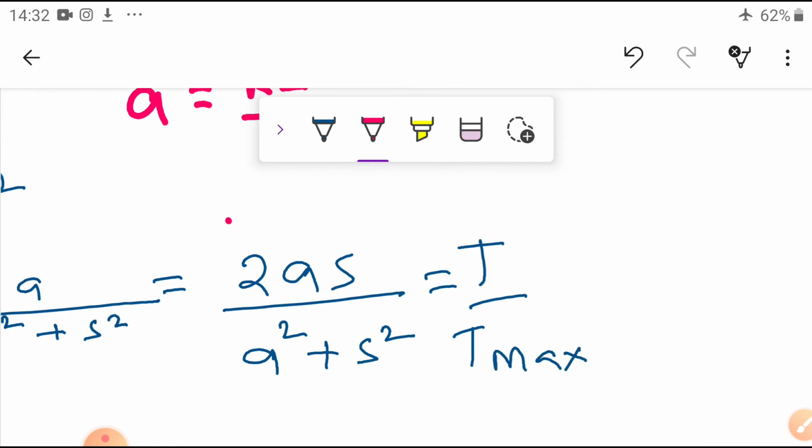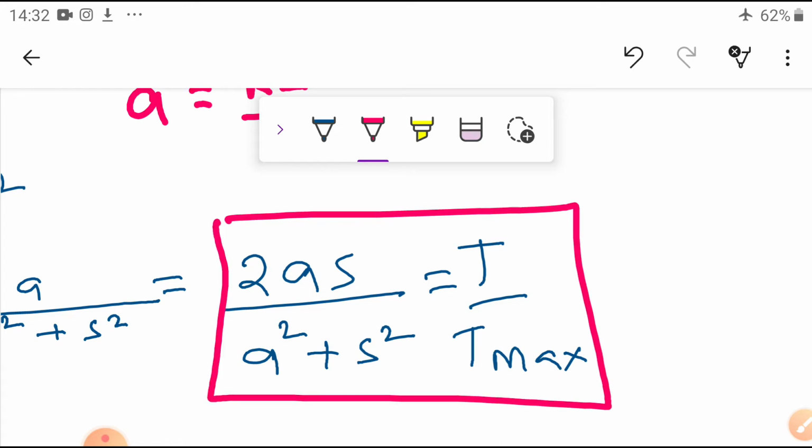So, this is the relation between full load torque and maximum torque.